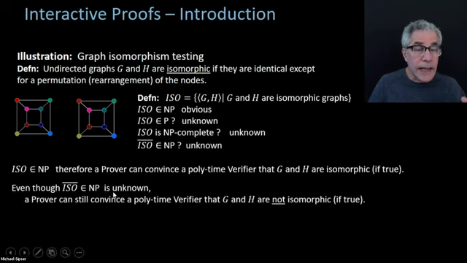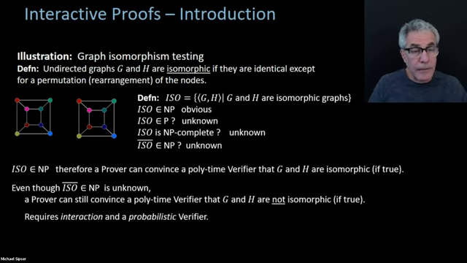Even though the non-ISO problem is not known to be in NP, a prover can still convince a polynomial time verifier that graphs are not isomorphic, assuming they are in fact not isomorphic, provided that the prover and the verifier can interact with one another. So the verifier can ask questions of the prover, and the verifier gets to be probabilistic. That's the sense in which this notion is a kind of probabilistic version of NP.